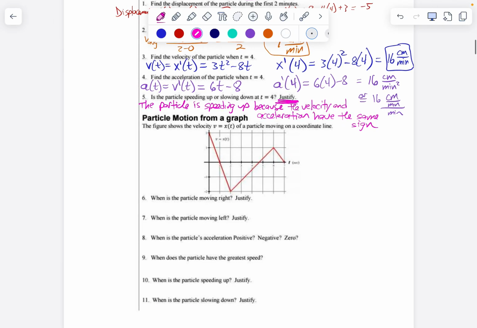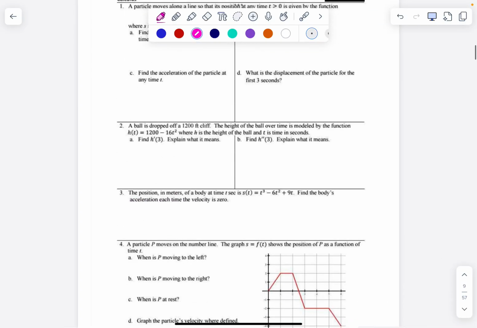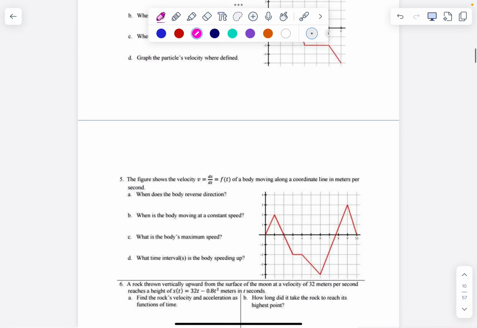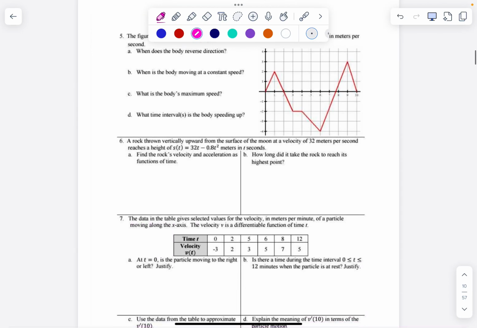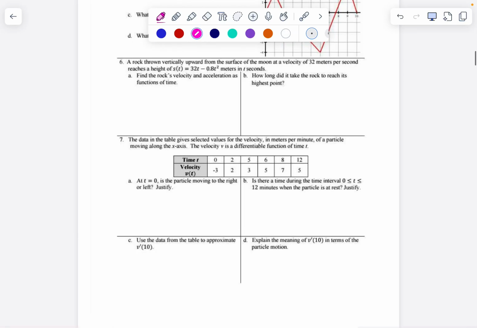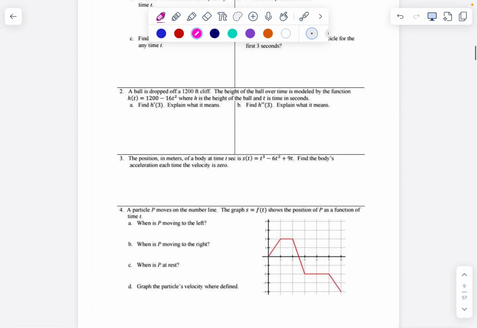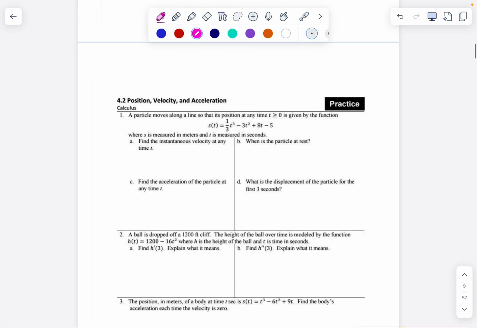We don't have time to do the graph. All right, why don't you circle the following problems for tonight?